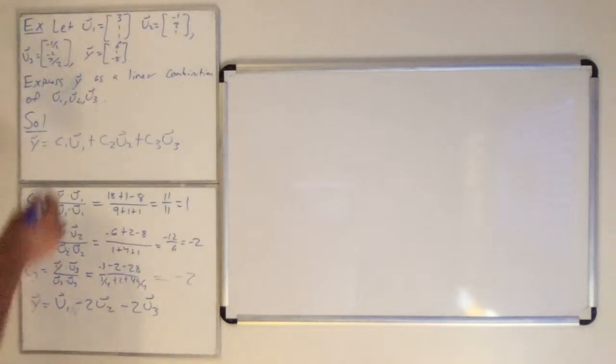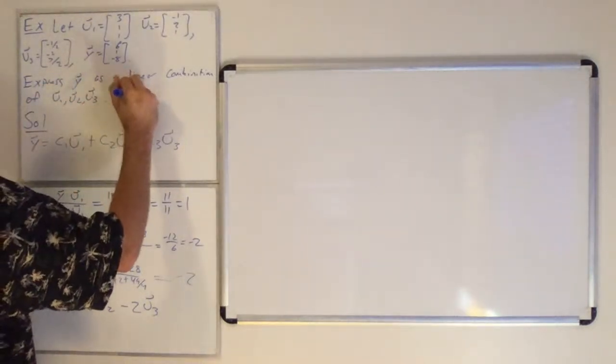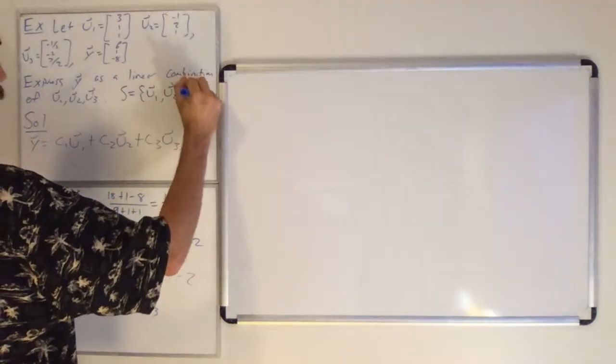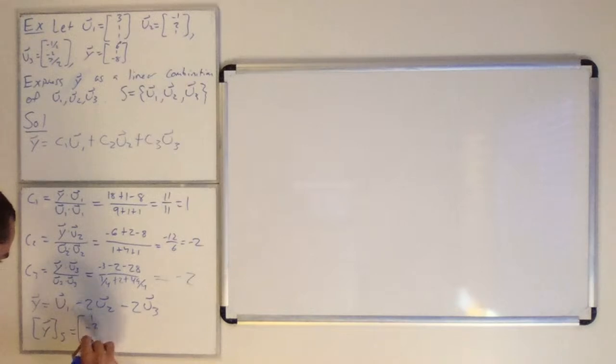Another way to write this, so yesterday we said that S was equal to the set u1, u2, u3. That was part of the question yesterday. I didn't write it today. Another way to write this is that the S coordinates of y is the vector 1, negative 2, negative 2. So these are saying the same thing.